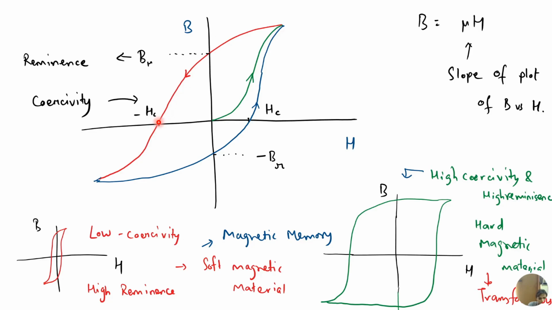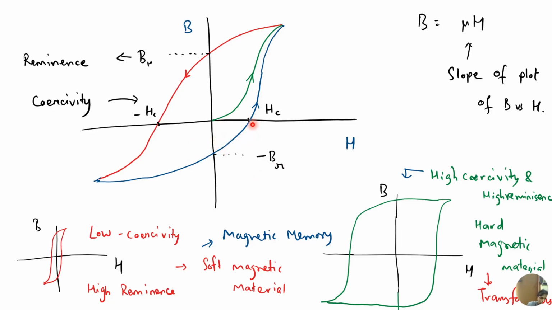Then when we further increase the magnetic field strength in the opposite direction, it will come to a certain value here. And then when we again increase the magnetic field strength, it will reach a certain point, but now in the opposite direction. So this is again called the remanence.